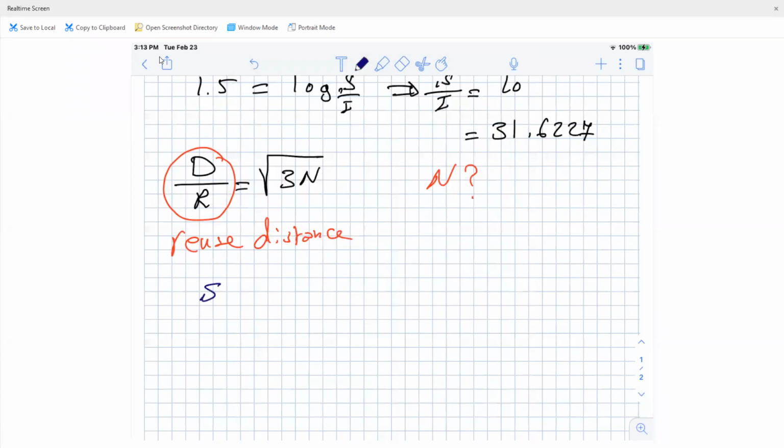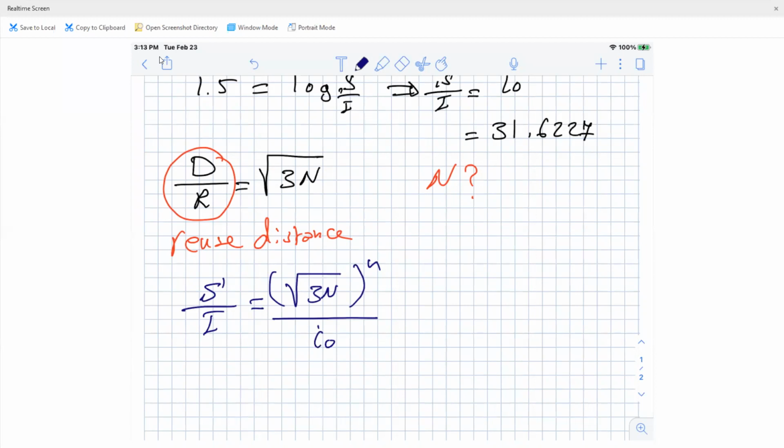Now, S over I, as you know, in the previous week we have talked about this relation. S over I equals the square root of 3n raised to n small, divided by I naught. We said that in the previous week. How many interfering cells do we have?